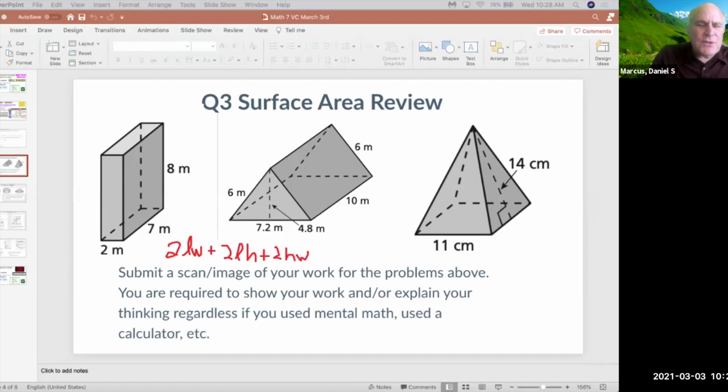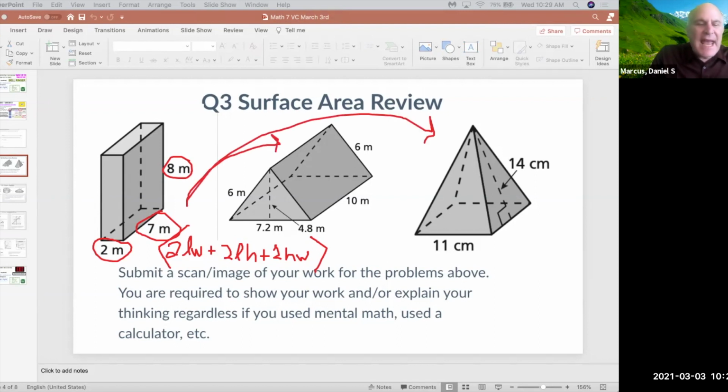And remember what's what. This is the width, this is the length, this is the height. But the mistake that a lot of people make is they try to apply that formula to prisms or to pyramids, and it only works here because of the symmetry.